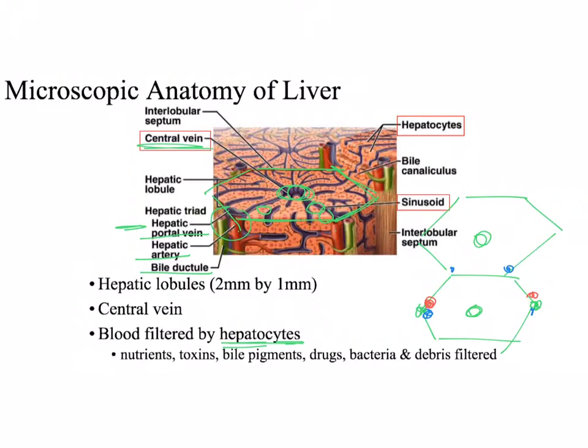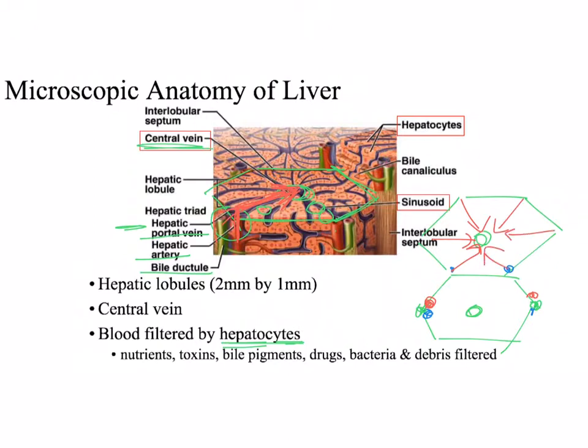So when the blood enters, it is going to flow toward the central vein. It's coming from the artery, it's coming from the hepatic portal vein, and it's all going to the central vein, so it's headed this way.